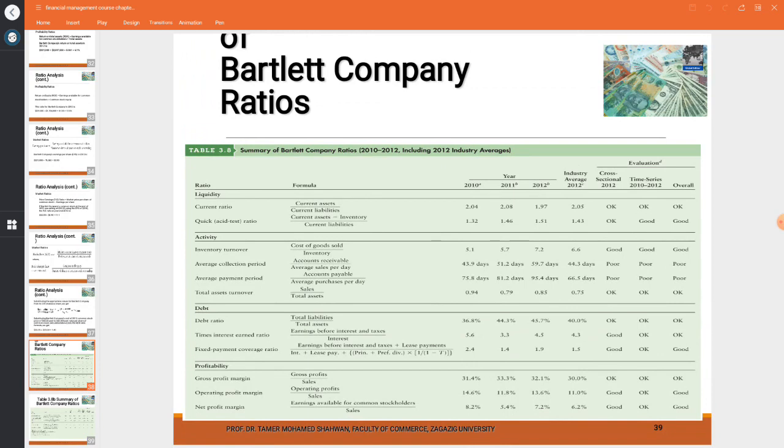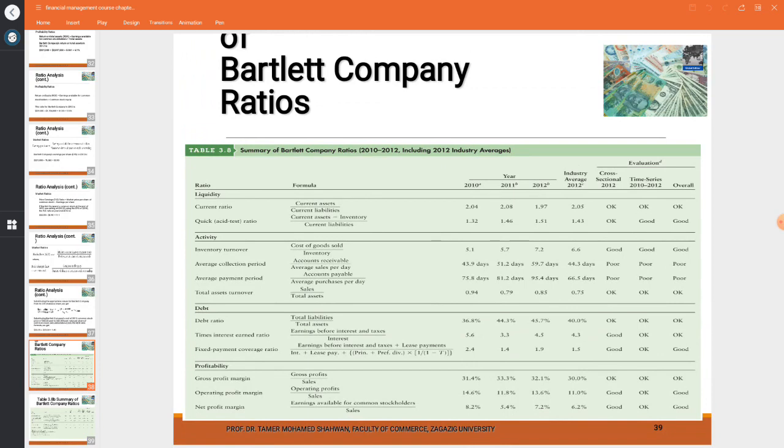Let me give you just one example, and this will be the same for the others. For example, in the current ratio, we agree that current ratio could be a good assessment for the short-term liquidity of the firm.